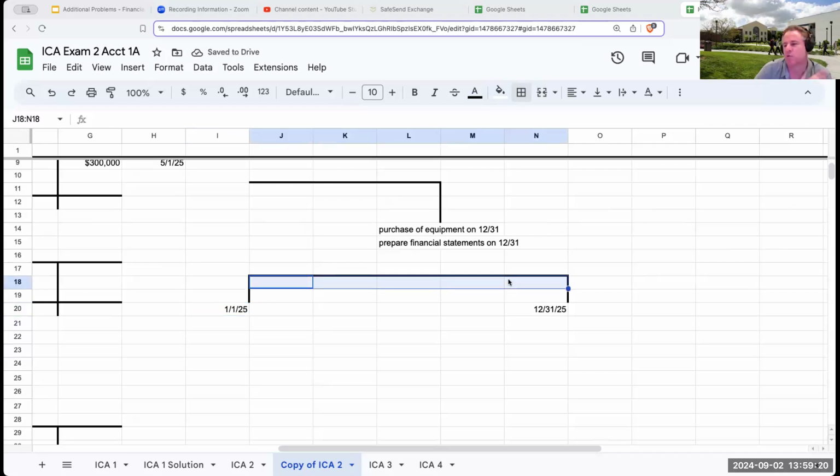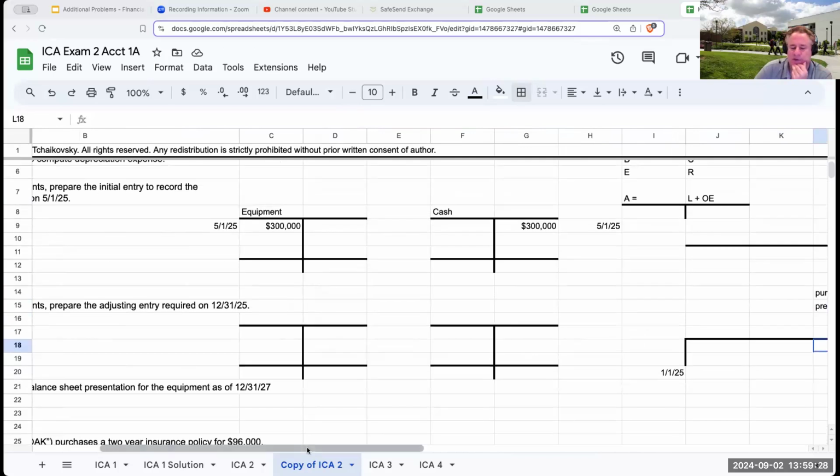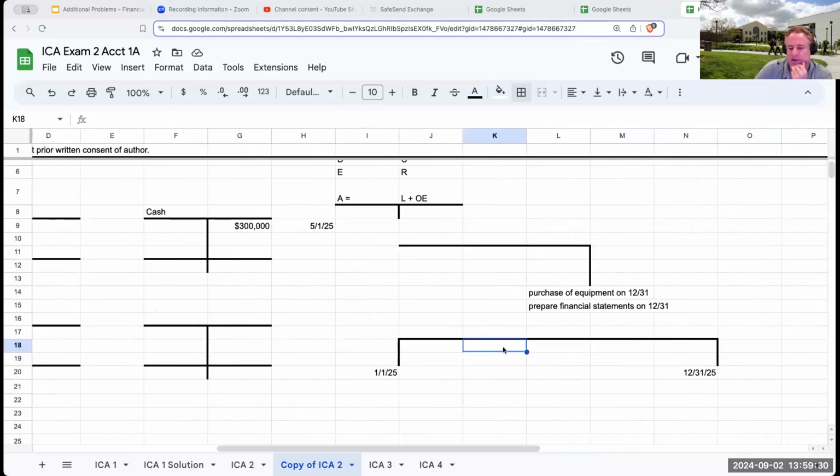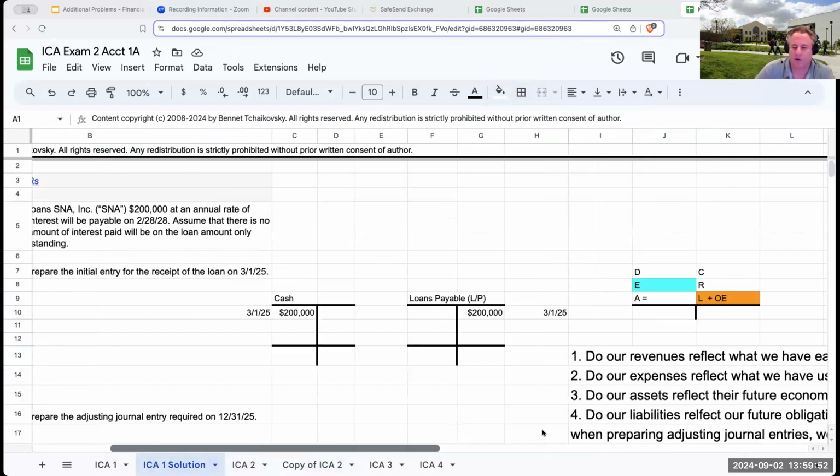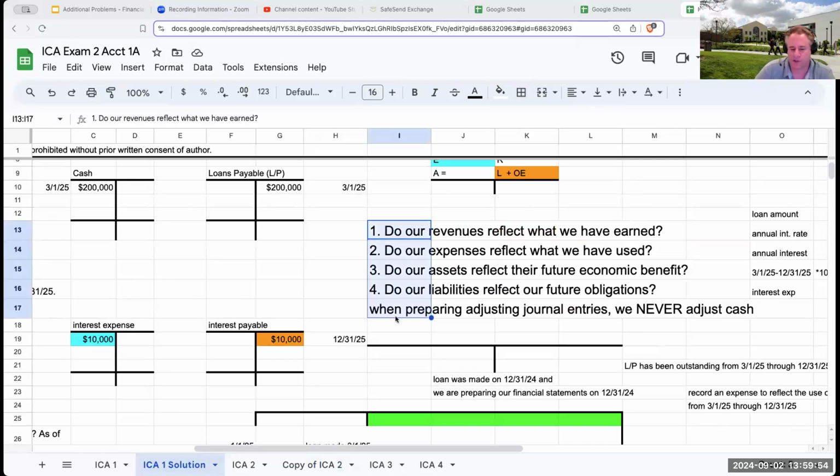If I'm buying equipment at any time other than these, which in this case, we bought on May 1st, so it kind of looks like this, I buy the equipment, and by definition, I am now putting that property, plant, and equipment into use in our operations.